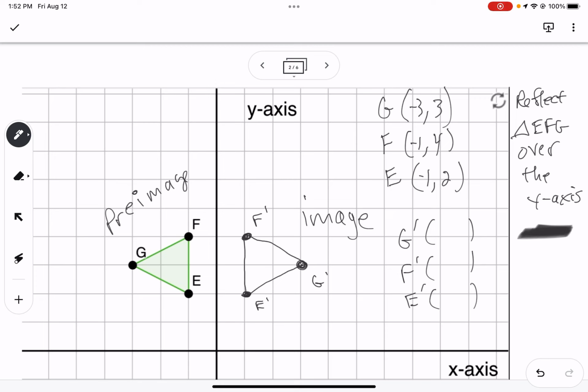G prime here is 1, 2, 3, and 1, 2, 3. F prime is 1, 4.